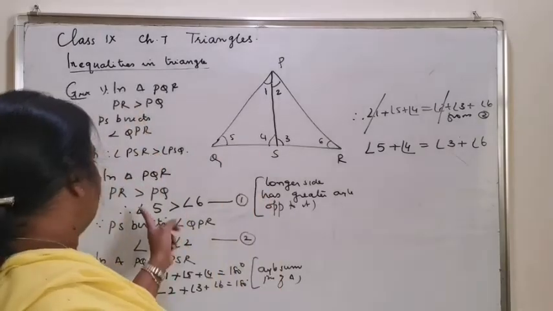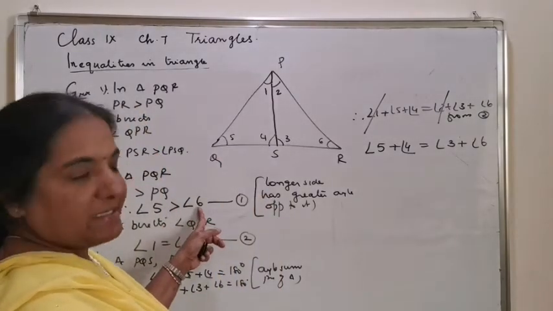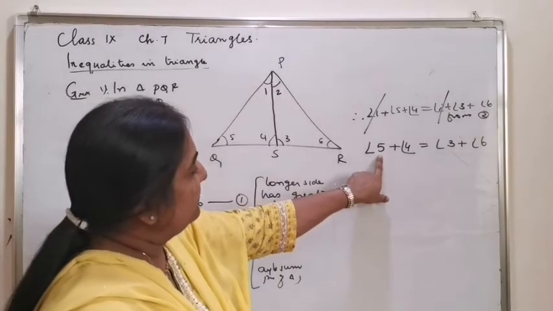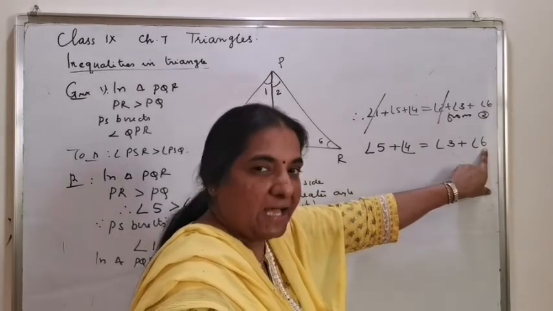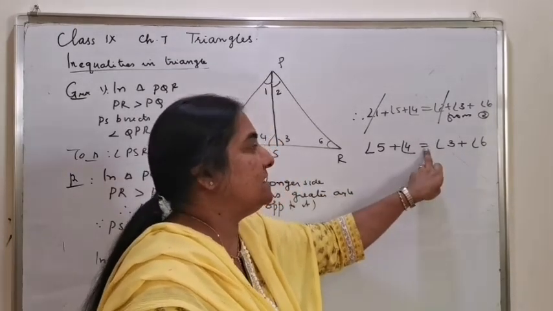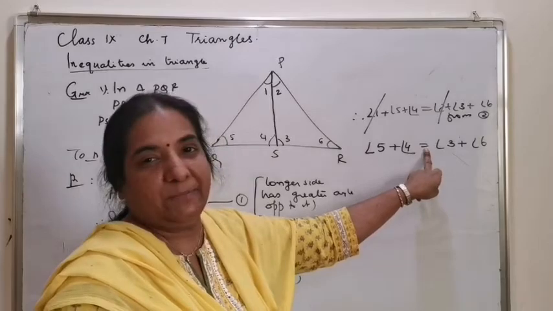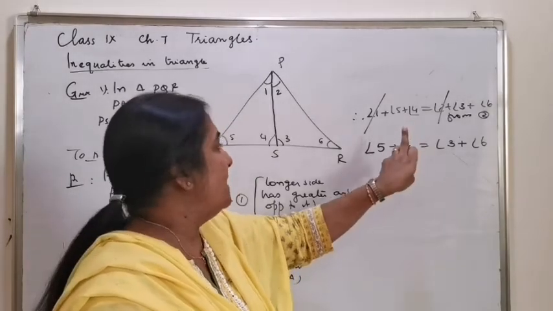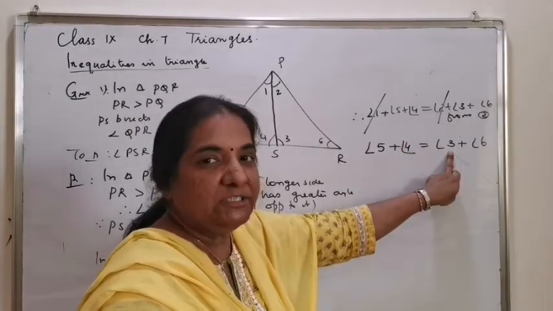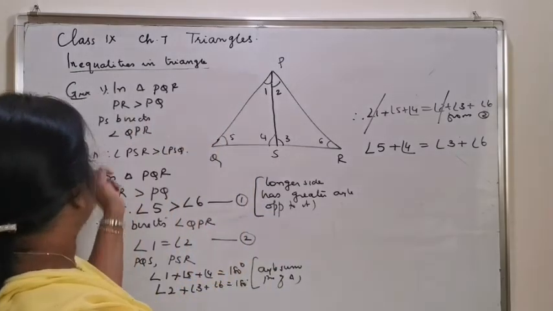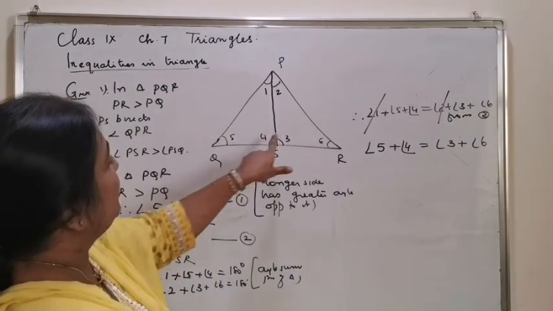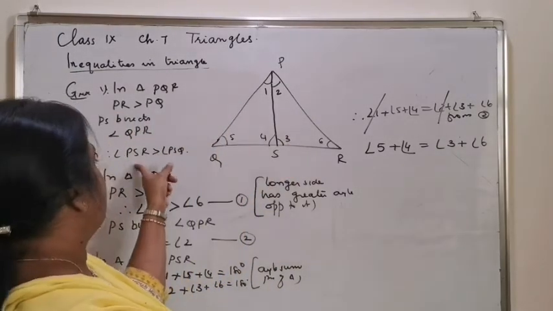Now, since 5 is greater than 6, there has to be an inequality symbol here, which shows that angle 4 has to be smaller than 3, or 3 has to be greater than 4.